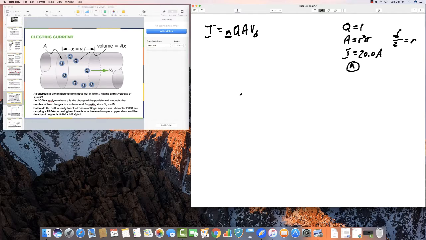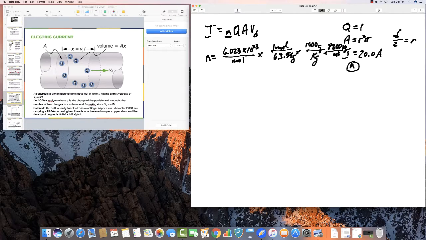As it turns out, the number of particles in the volume is going to equal 6.023 times 10 to the 23rd, which is 1 mole of particles, times 1 mole weighs 63.54 grams for copper, times 1,000 grams in a kilogram, because we need to work in kilograms in order to use the density, which was 8,800, or 8.8 times 10 to the third kilograms per meter cubed.